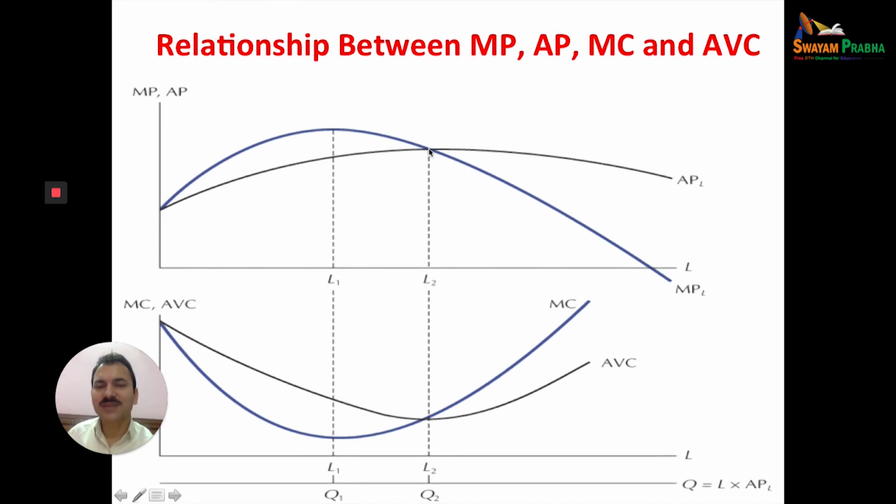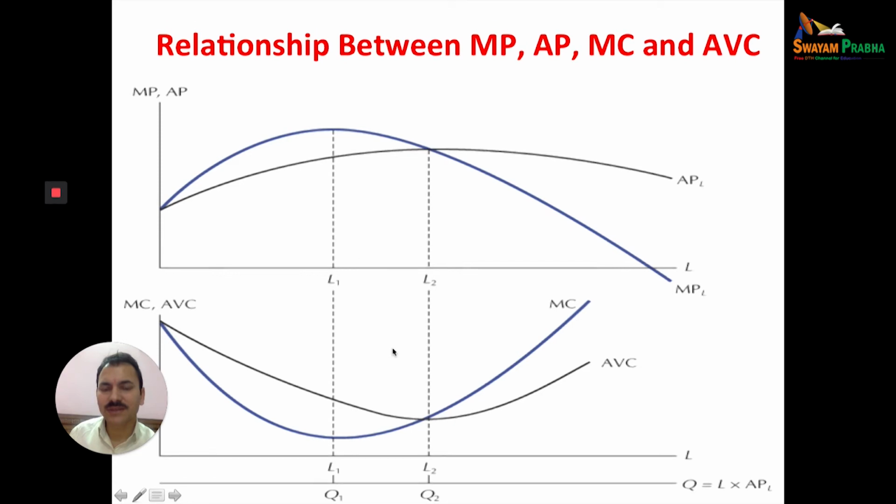And after this point, average product is decreasing, marginal product is also decreasing, but the rate of decrease in marginal product is now more than average product. Totally reverse of this. The shape of the diagram will also be reverse of this. So you will be able to understand the relationship between marginal cost, average product, and marginal product.